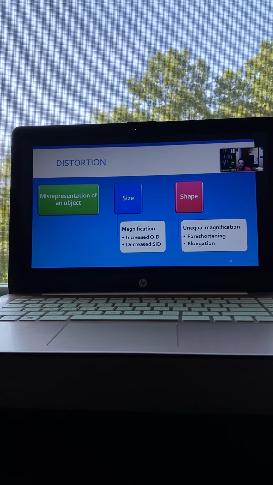Just like sound can get distorted, so can objects, where they don't look like how they actually should be. So that's what distortion is. It's a misrepresentation of an object. And we have two types of distortion: size distortion and shape distortion. If we have size distortion, then that means something is magnified. It's larger than what it should be.